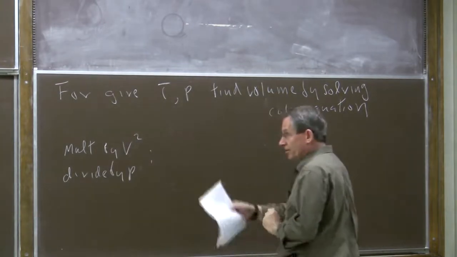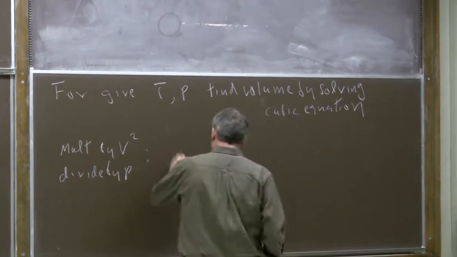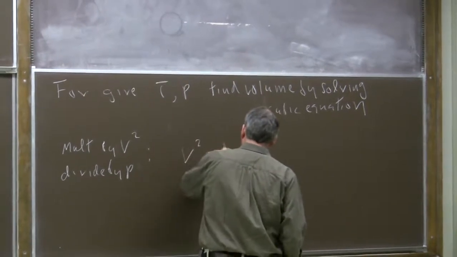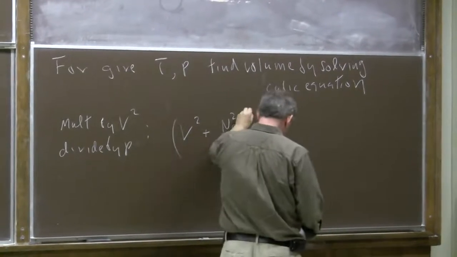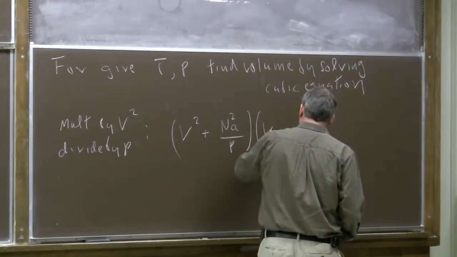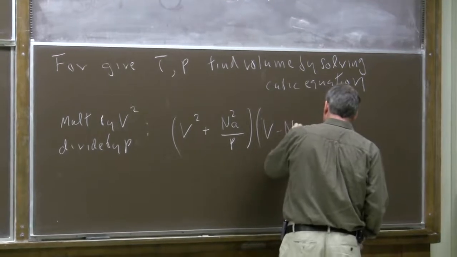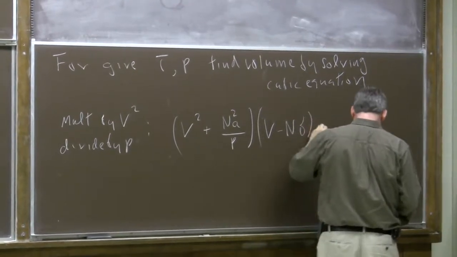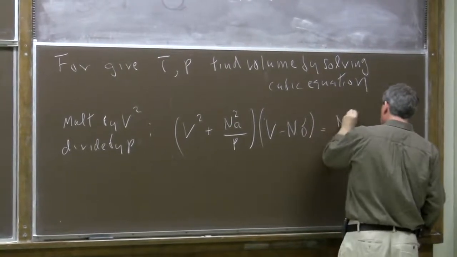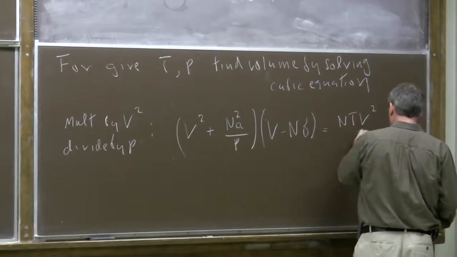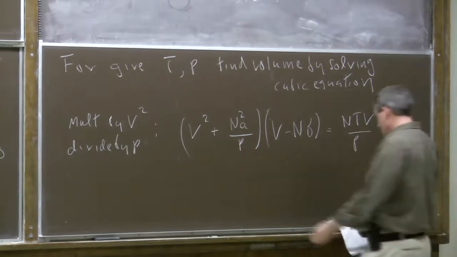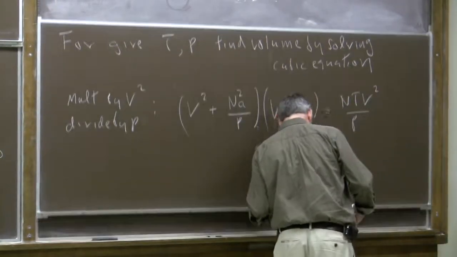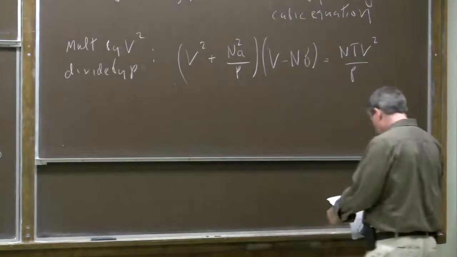The first term becomes V squared plus N squared A over P times V minus NB is equal to Nτ V squared over P. I wanted to write it in a form in which all the powers of V are positive, or 0.